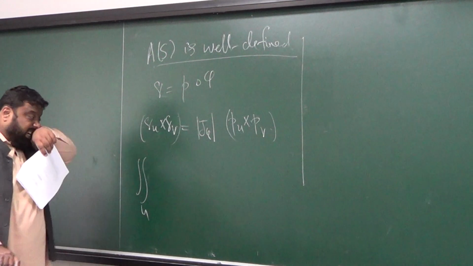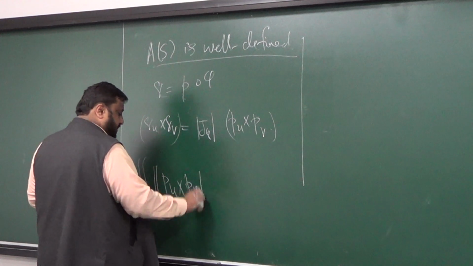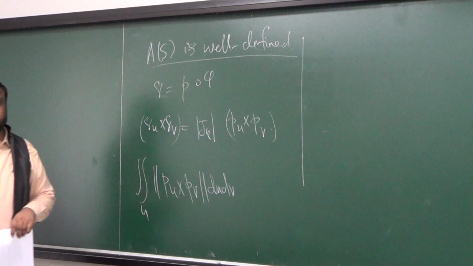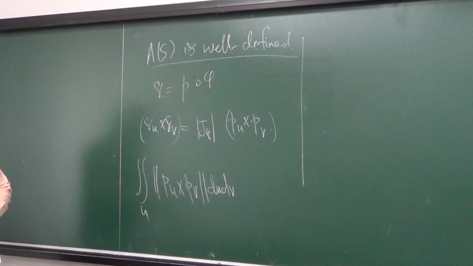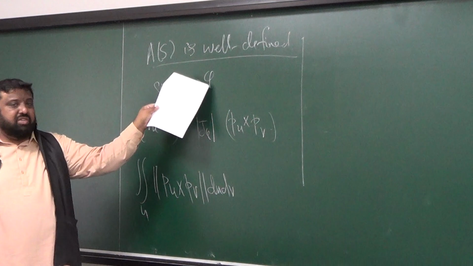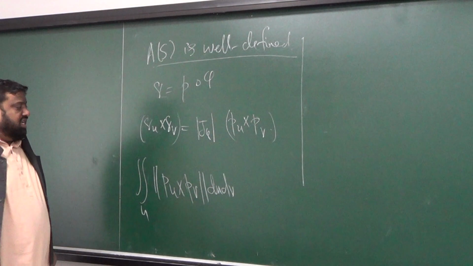So I have an integral, this pu cross pv, pu pv, okay? And I would like to change it in terms of, you know, I'm composing my parameterization for some phi and changing it to the q actually.